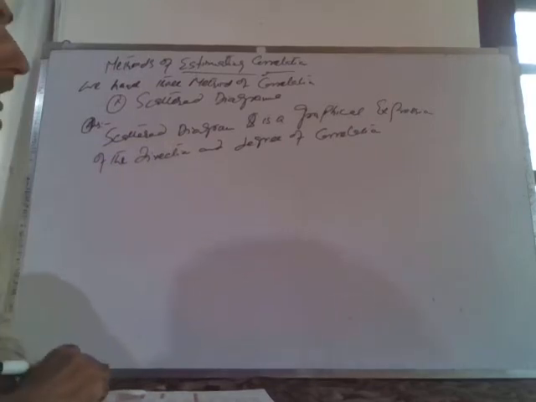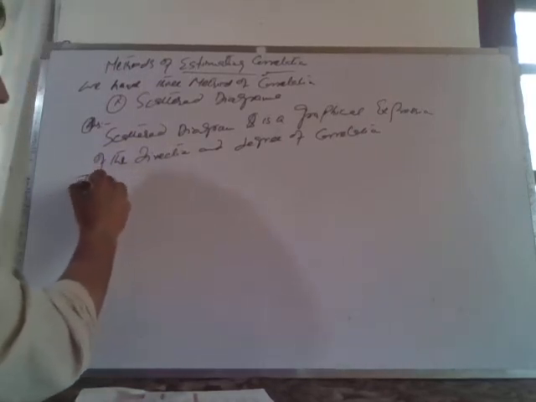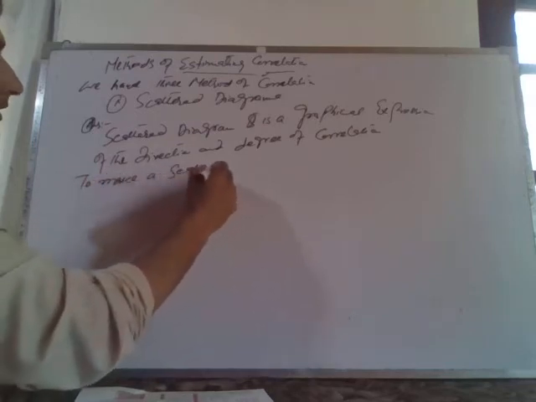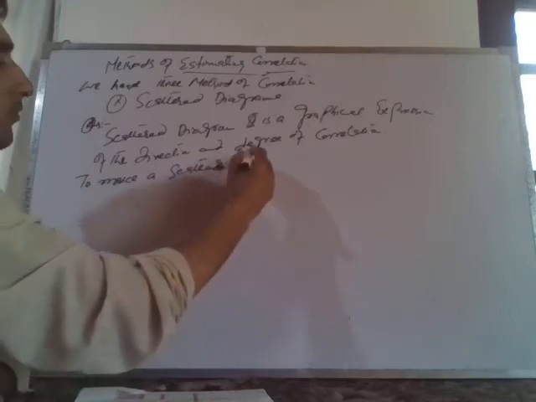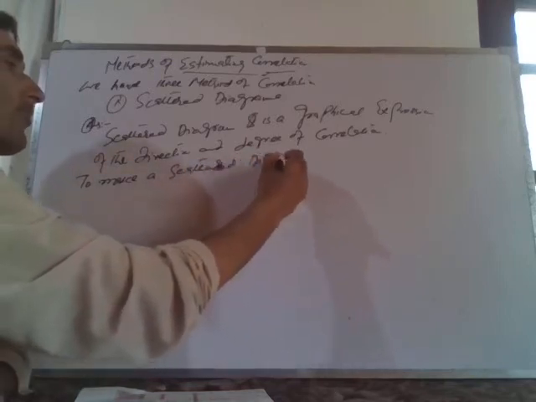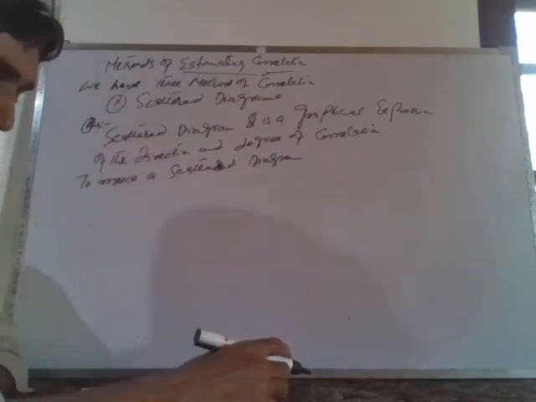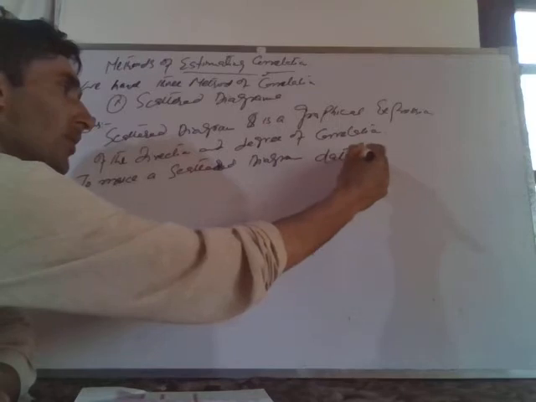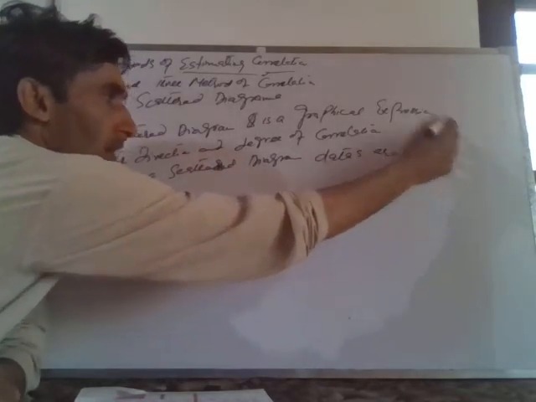Now, how to make a scatter diagram? To make a scatter diagram, data are plotted on a graph paper.